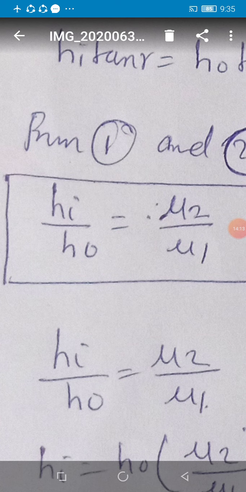But when the object is in the denser medium and the person is in the rarer medium, he can see it at a lesser depth. Both these principles follow this formula, hi upon ho equals mu2 upon mu1. In any case, you can apply this and find out the actual height of that object which is appearing in the other medium, or the actual depth which is appearing in the other medium.